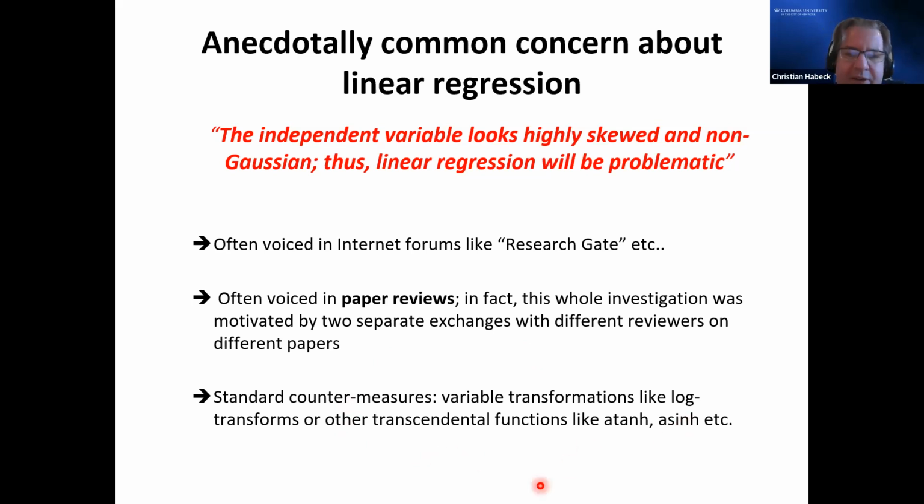There could be transcendental functions like arctan, or a logarithmic transform. My personal favorite was in a review quite a few years ago. I had to review a paper where people took the inverse of their independent variables just to make the variables more Gaussian distributed, because all of this is in vain. You don't need to do this. And I hope I can convince you of this.